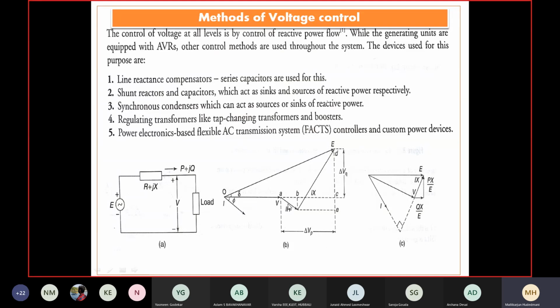In parallel to this I have IR. Then in quadrature, perpendicular to that IR, I have I into X. You can see here, from the perpendicular position of this, it is shot upward like this. Then if I join that, that becomes OE, the internal voltage, or the voltage of the synchronous generator.